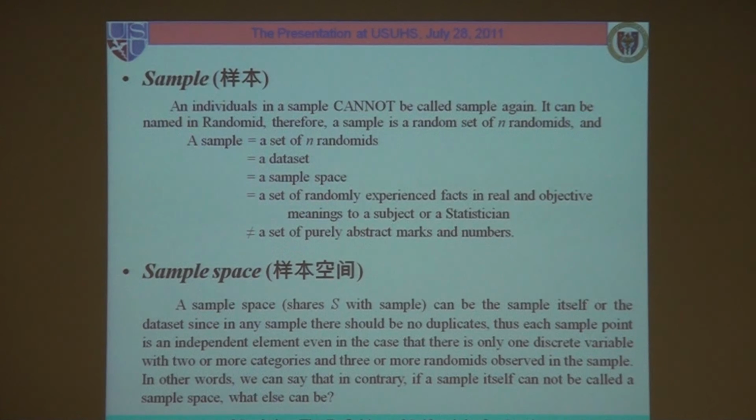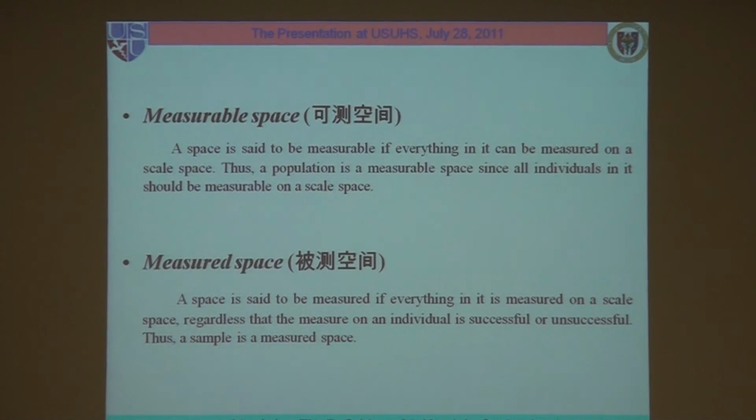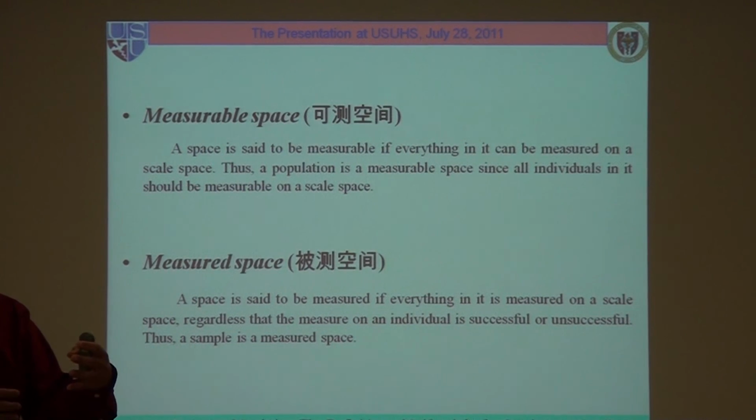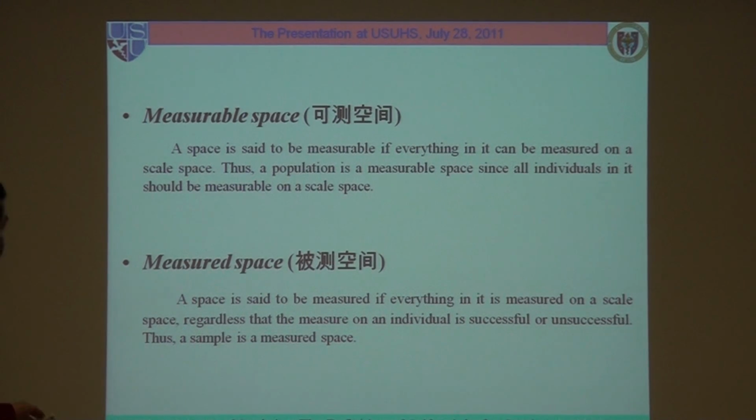Measurement space. A measurement space comes from the current zero probability. A space is said to be measurable if everything in it can be measured on a scale space, because we have introduced the scale space into the system. So a measurable space can be defined in this way.